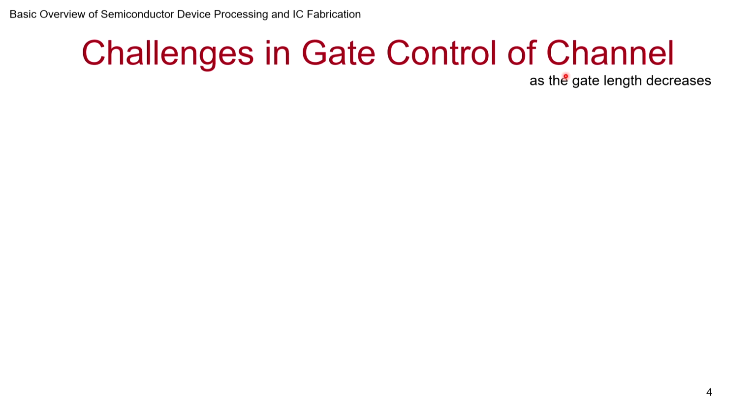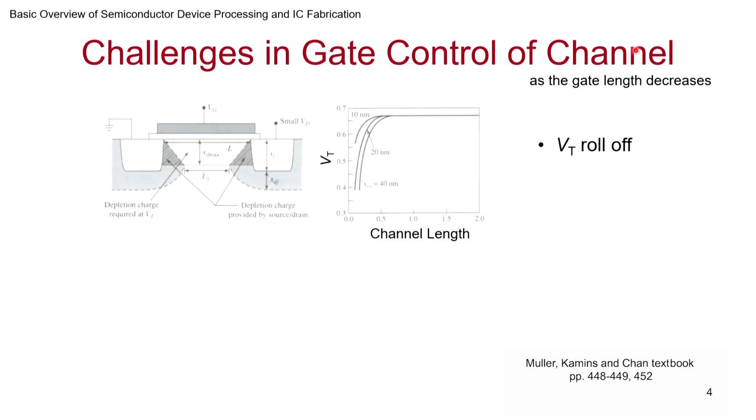Challenges in gate control of the channel as the gate length decreases. So this is classic textbook stuff. I have taken these diagrams from Yuan, Cummins and Chan textbook. So if you look at it, the transistor is essentially source and drain. This is, say, an N MOSFET, doesn't matter, P MOSFET is similar. You apply the appropriate gate bias, you will be able to control the channel.